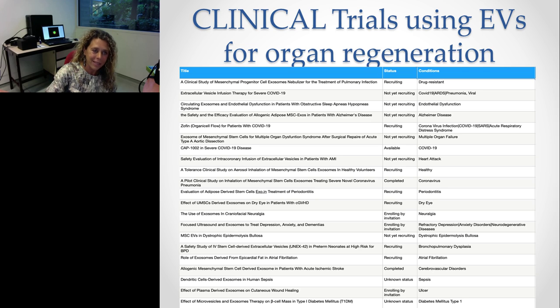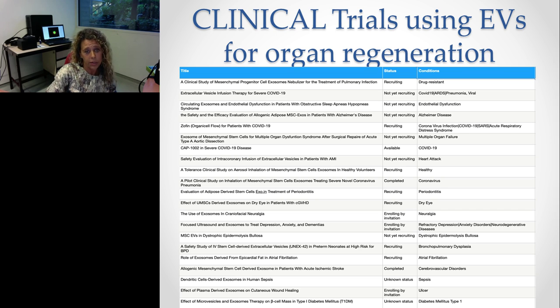But we already have results from a first clinical trial, a phase 2-3, that was studying the effect of umbilical cord mesenchymal stem cell derived EVs in patients with chronic kidney disease related to the diabetic condition.